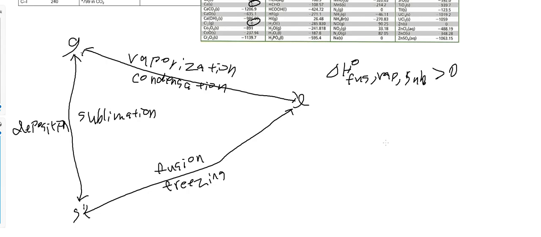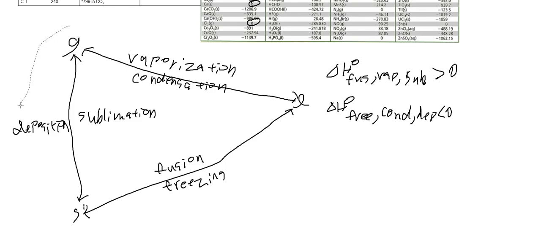The cold thing is leaching heat out of your hand in order to aid in its melting or sublimation. Dry ice is actually so cold that you will burn yourself if you do not have proper protection. However, on the other hand, delta H naught of freezing, condensation, and deposition are all less than zero, which means that they give off heat.